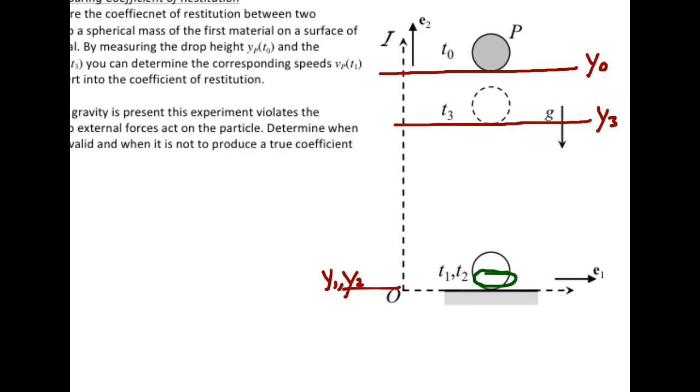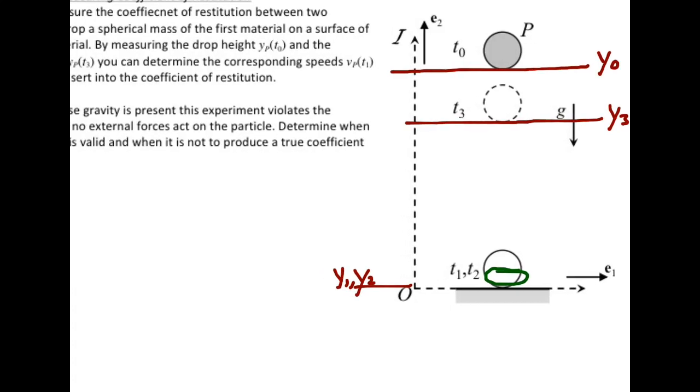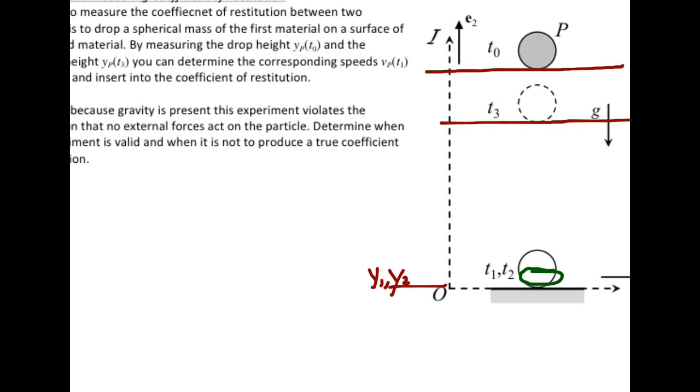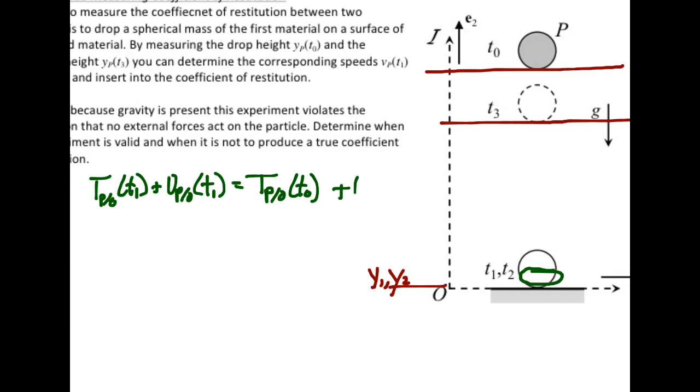We're saying that the total energy is conserved from time 0 to time 1, so we would write that as the kinetic energy at time 1 plus the potential energy at time 1 is equal to the kinetic energy at time 0 plus the potential energy at time 0.